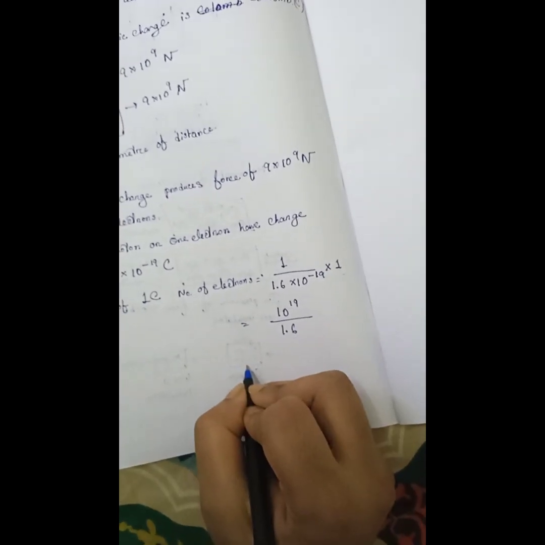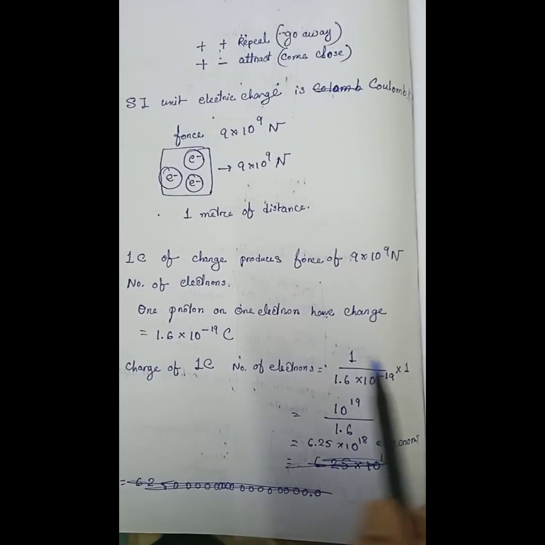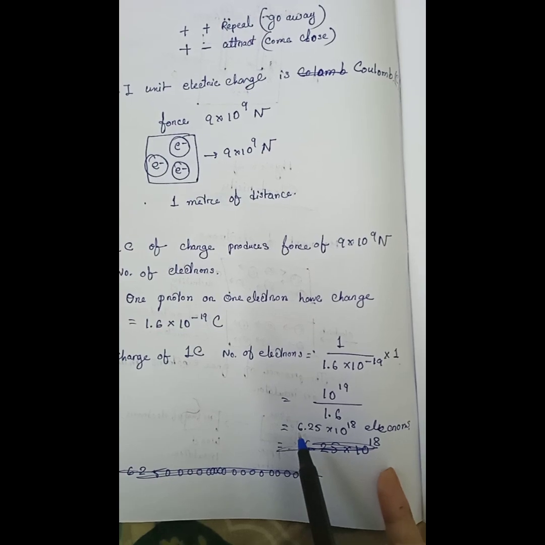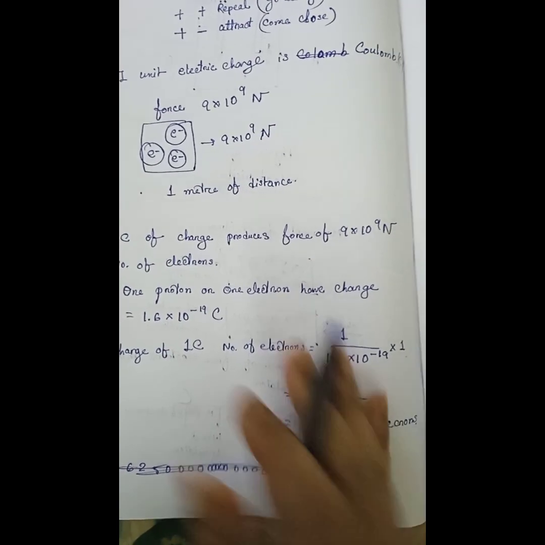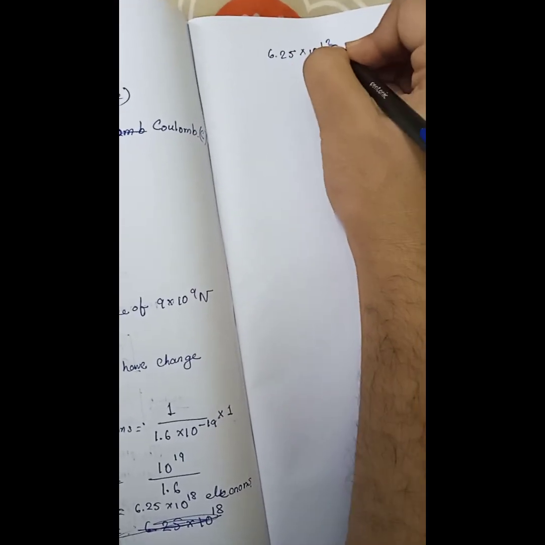So it will give you the result of 6.25 into 10 to the power 18 electrons, which exert a force of 9 into 10 to the power 9 Newton.